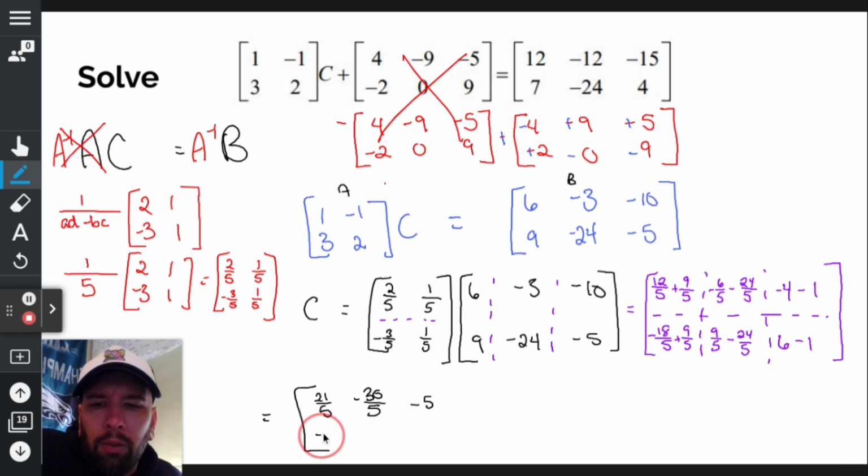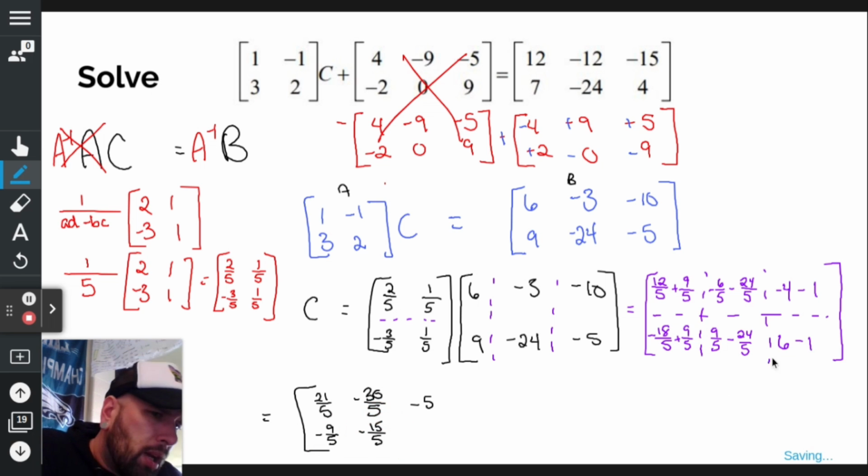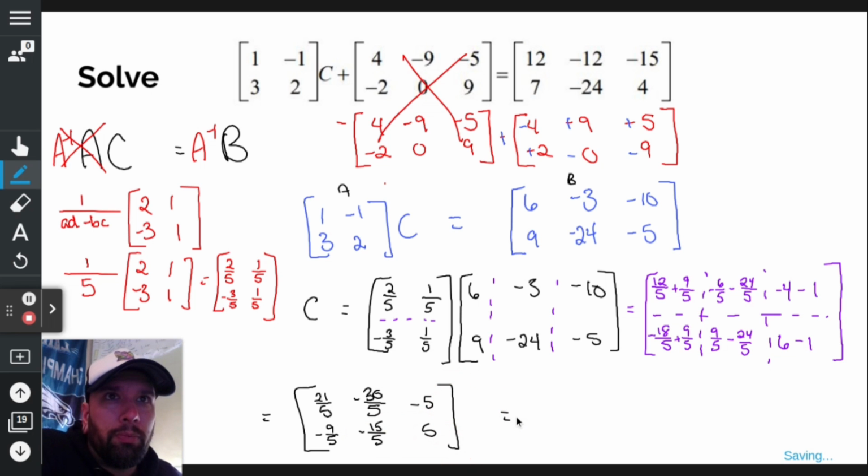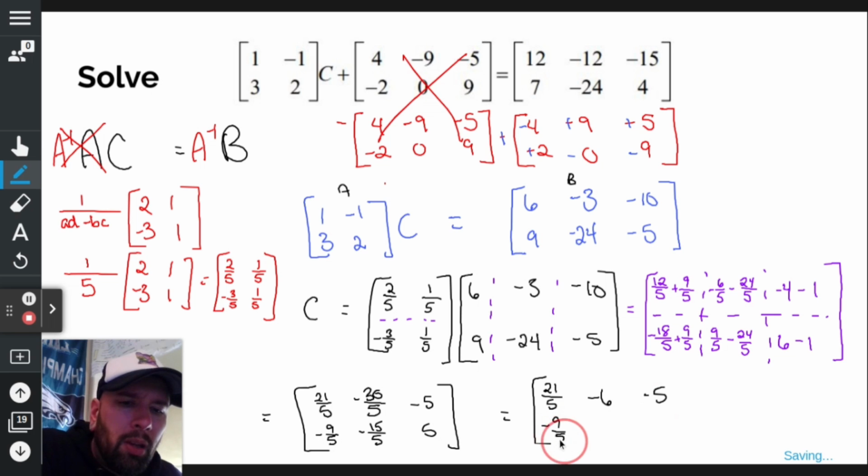Negative 9 over 5, negative 15 over 5, so I'll deal with that in a second. And 5. So last but not least, I have 21 over 5, negative 6, negative 5, negative 9 over 5, negative 3, and 5.